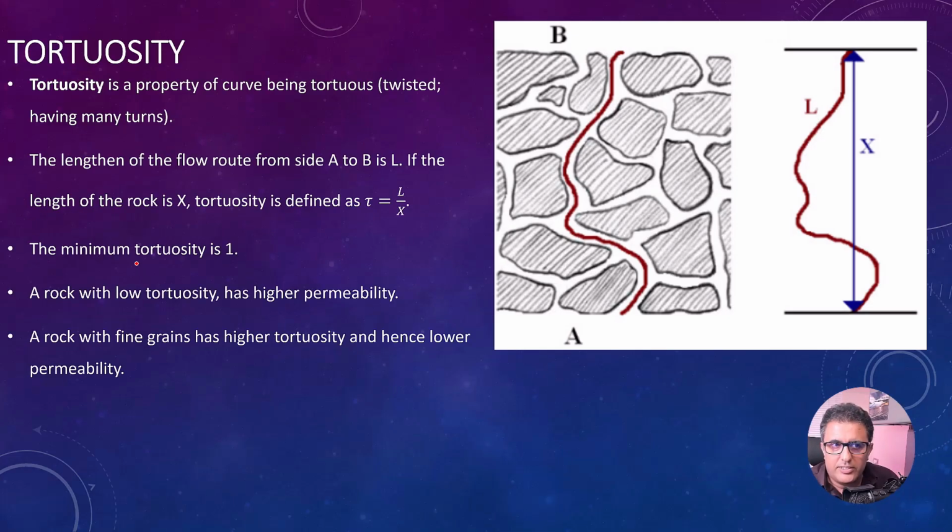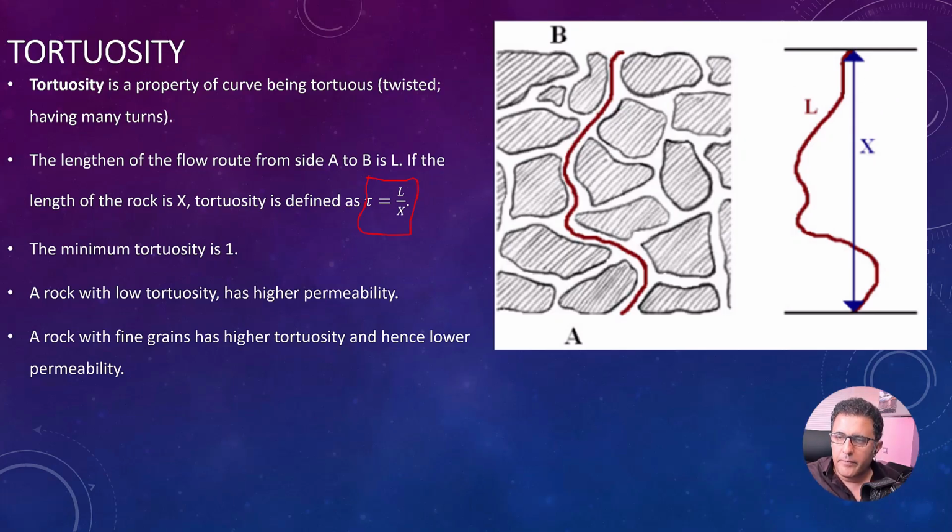In order to answer this question, just let me introduce another concept that is tortuosity. That is a property of curve being tortuous, and it is defined by L over X. Here, X is the length of a rock sample, and L is the root of flow.